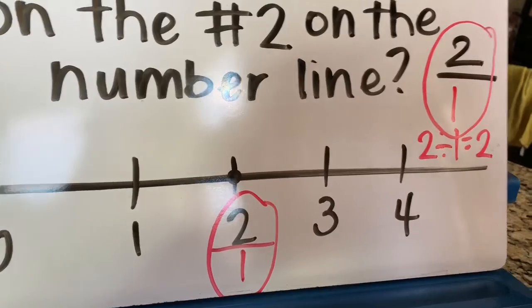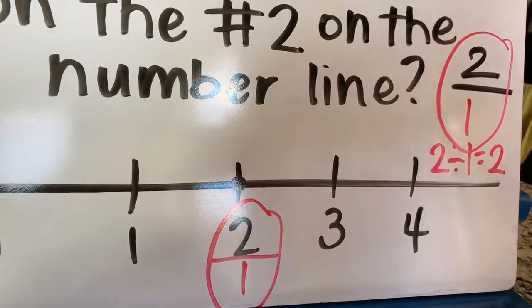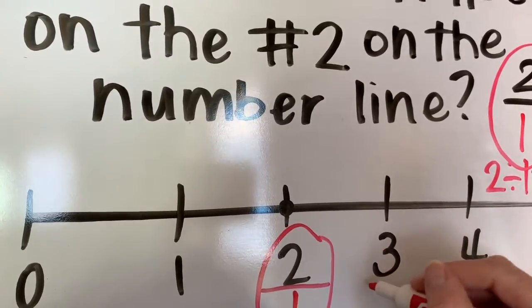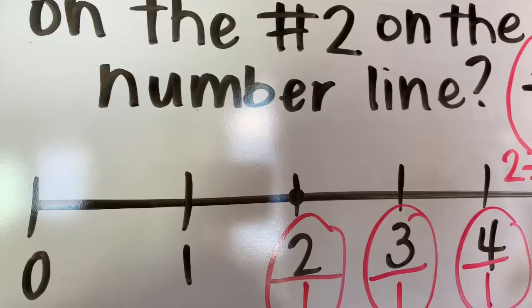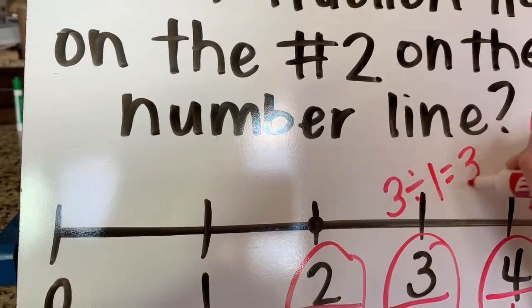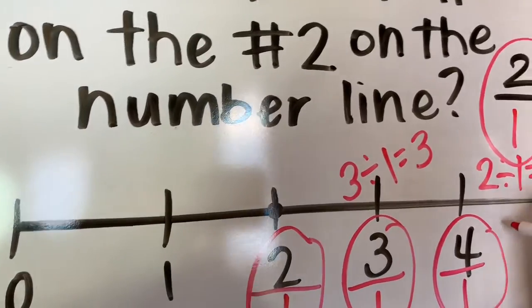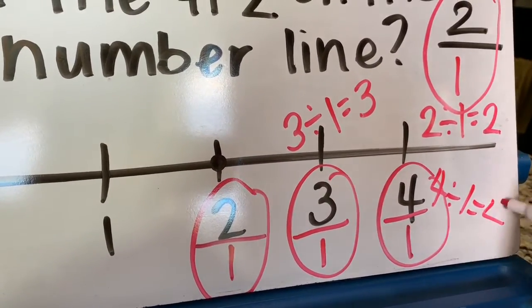The same would hold true if I was asking you what fraction number 3 was laying on. I would put 3 over 1, and I'd put 4 over 1. And I can prove it by saying that 3 divided by 1 is still going to be equal to the whole number of 3, or 4 divided by 1 is still going to be equal to the whole number of 4.